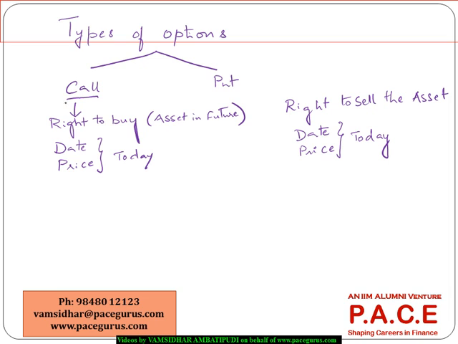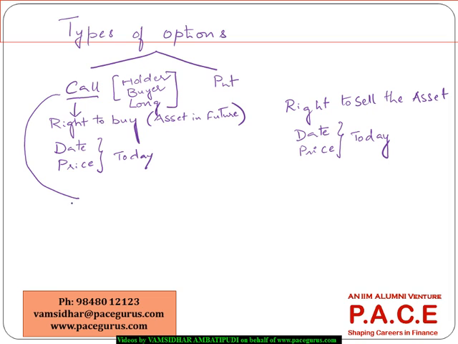So here the person who has taken the option is called the holder of the option, or we generally call him the buyer of the option, or sometimes position-wise we call it the long position in the call option.